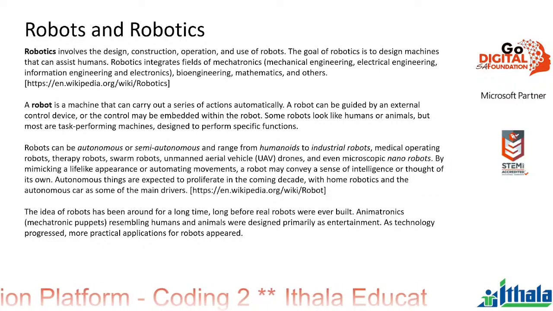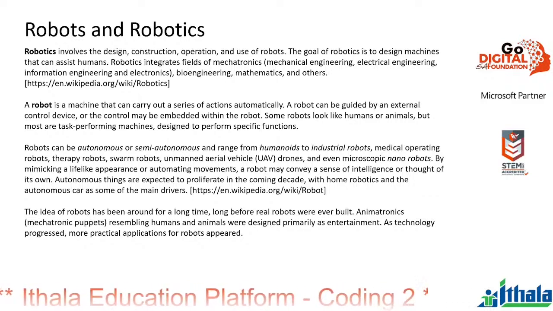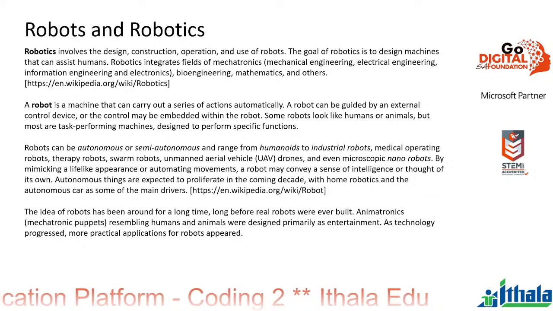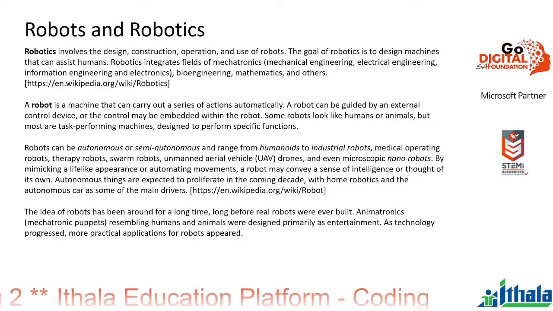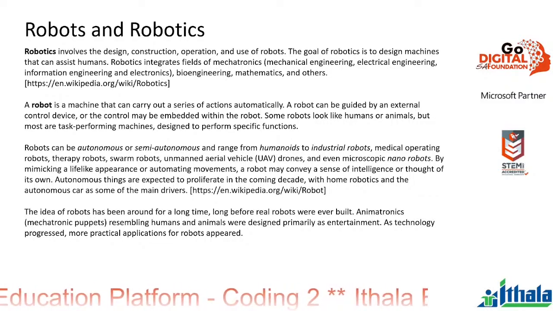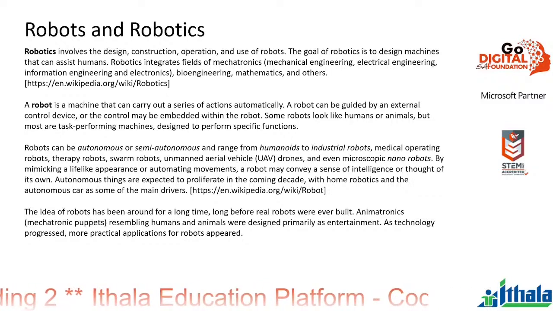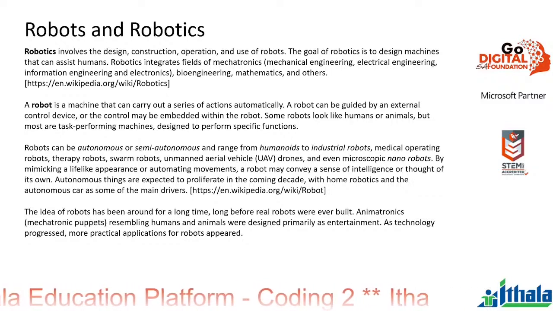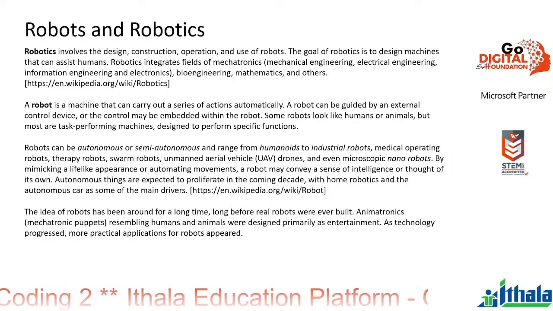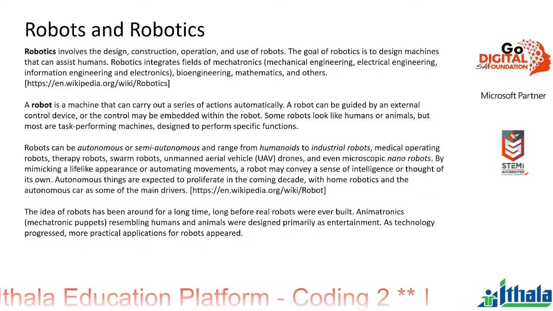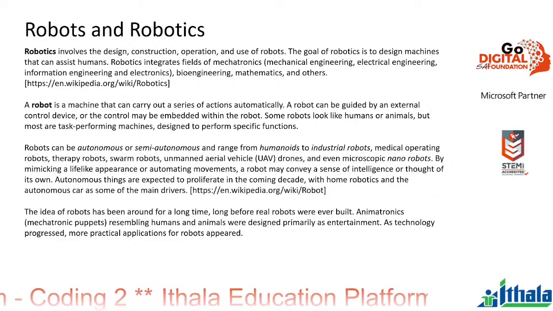A robot is a machine that can carry out a series of actions automatically. A robot can be guided by an external control device, or the control may be embedded within the robot. Some robots look like humans or animals, but most are task-performing machines designed to perform specific functions. Robots can be autonomous or semi-autonomous and range from humanoids to industrial robots, medical operating robots, therapy robots, swarm robots, unmanned aerial vehicles, or drones, and even microscopic nano-robots.